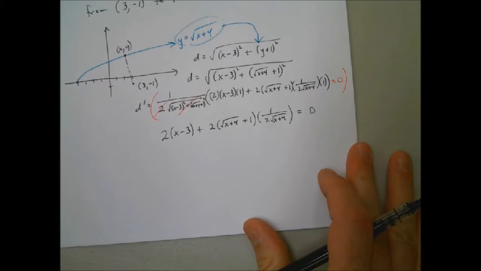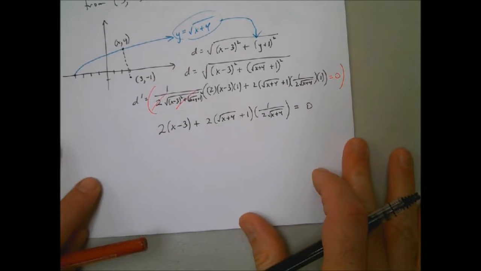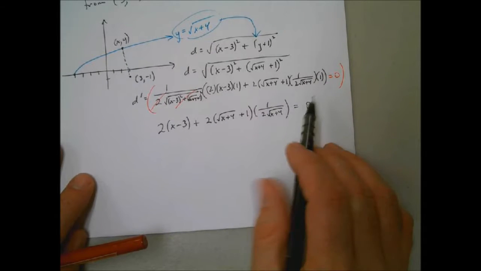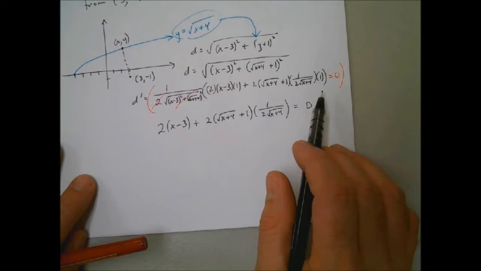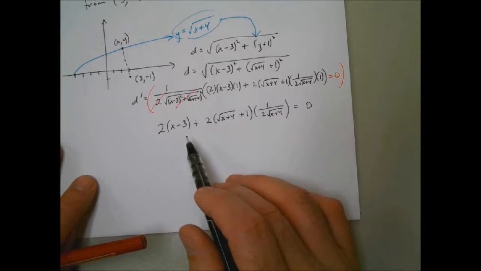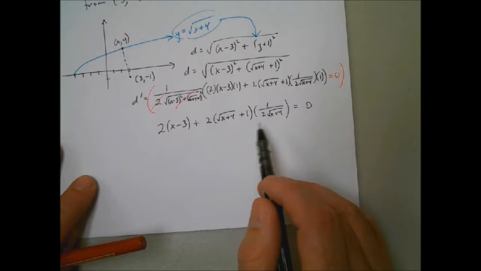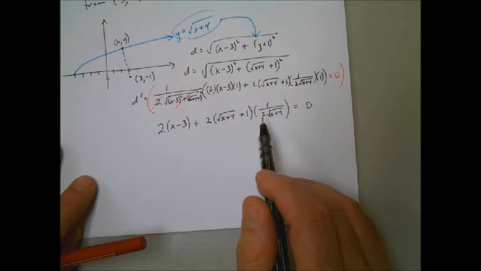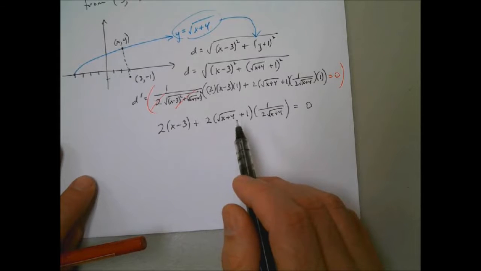Now, again, we don't want to waste a bunch of time with cleaning up algebra, but are you prepared to plug this into your calculator right now? If you're prepared to plug this into your calculator right now, you could.